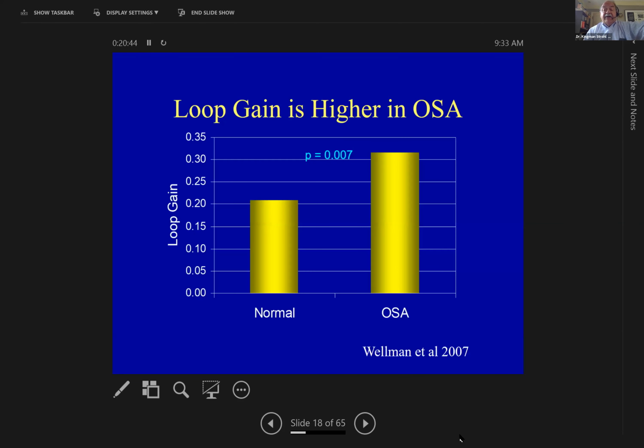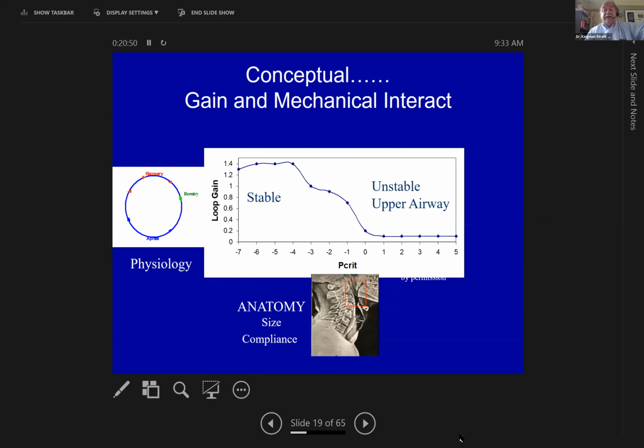So loop gain is higher in OSA, and you can actually treat it. Conceptually, you have this P crit and you have this loop gain idea. And you have this area here where you may or may not have obstructive apneas. But if you have a high loop gain, you'll have central apneas.